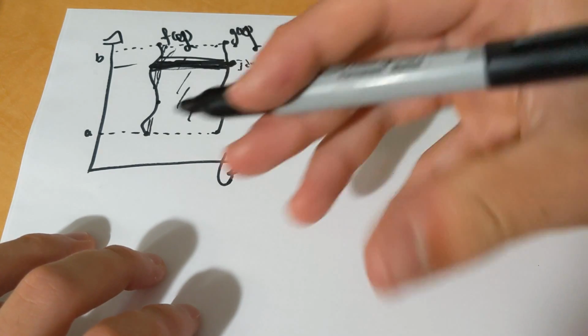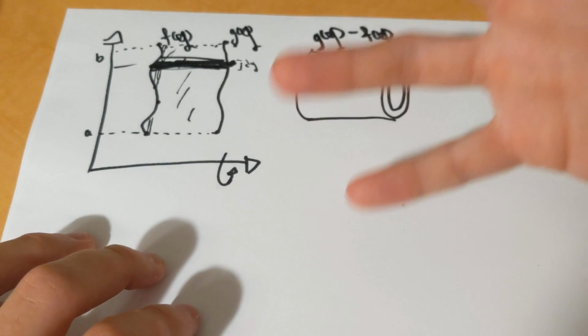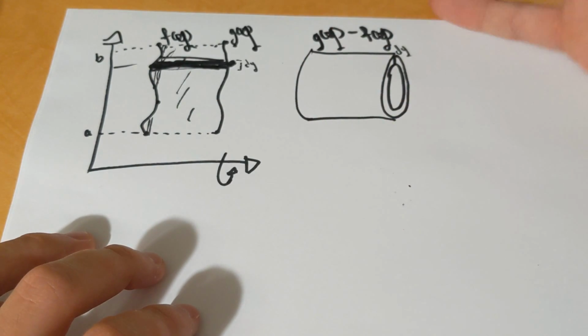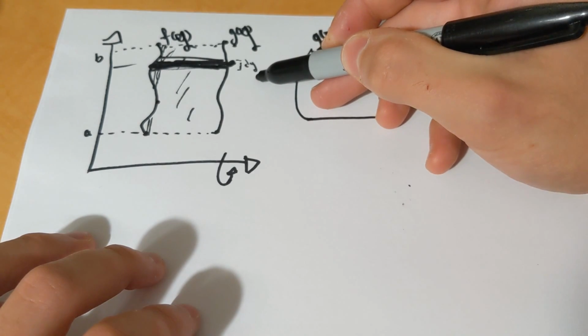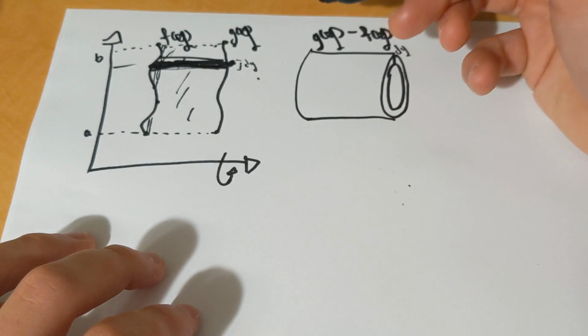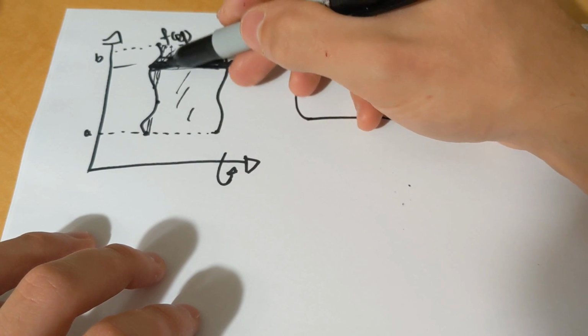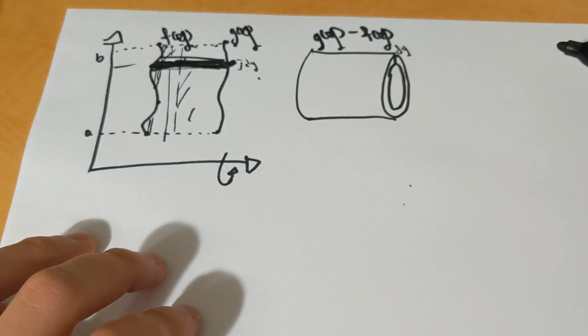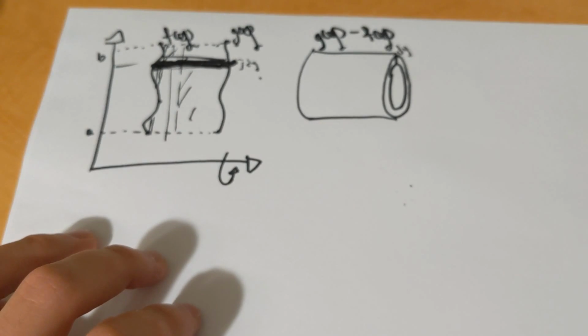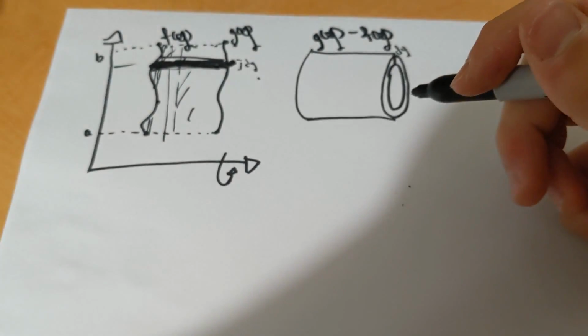But you want to change them into functions of y, so you can integrate with respect to dy. Maybe the question won't let you, so then you're going to have to do vertical rectangles and integrate with respect to dx. That's a lot to take in. I don't know if you understand it, but it's okay.